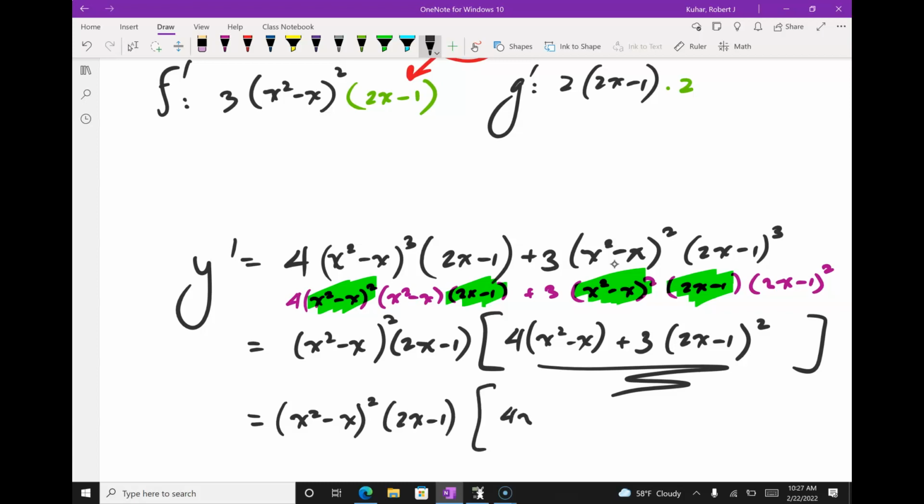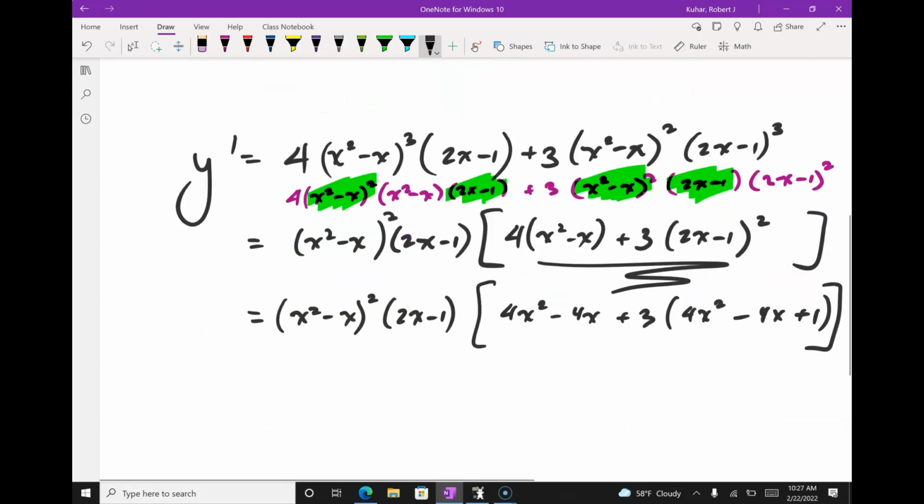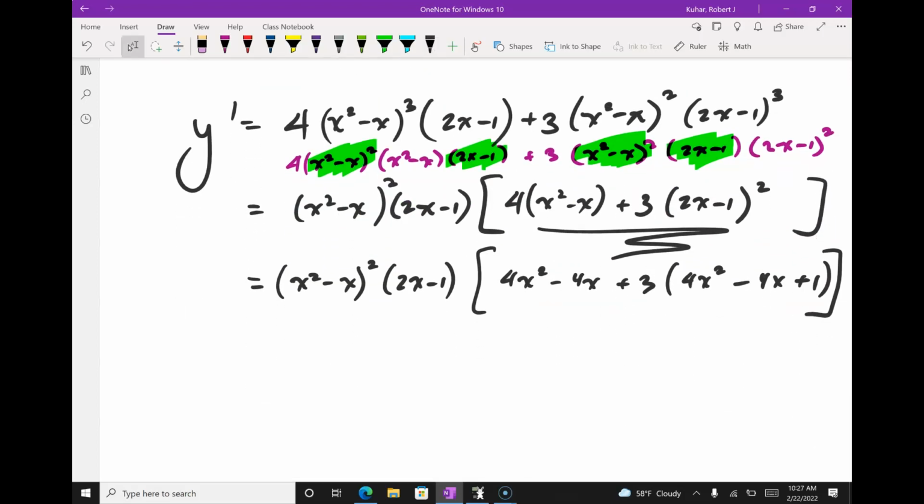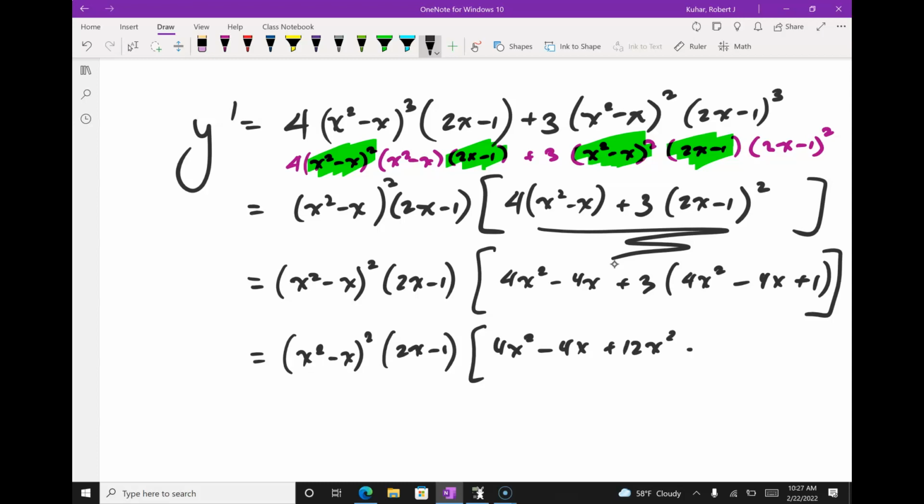I get a 4x squared minus 4x plus 3 times 4x squared minus 4x plus 1. I'm distributing and double distributing, foiling there. So we've got x squared minus x quantity squared, a 2x minus 1, a 4x squared minus 4x plus 12x squared minus 12x plus 3.